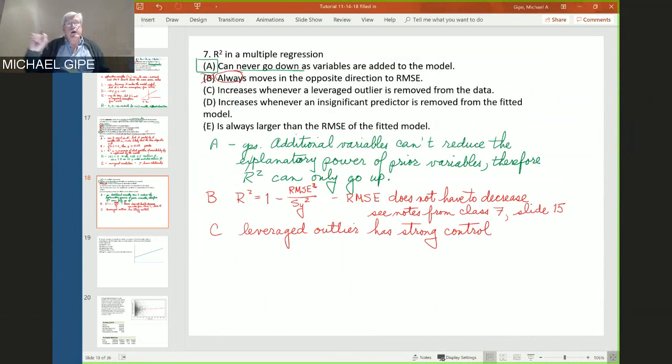And so even if it's right on that regression line, it helps to anchor that regression line. And therefore, the fact that it's further out and you've got an anchor point that's farther out means that the model is likely to have better explainability. I think that's a word. So R squared would tend to go down if you took out that good leveraged data point.